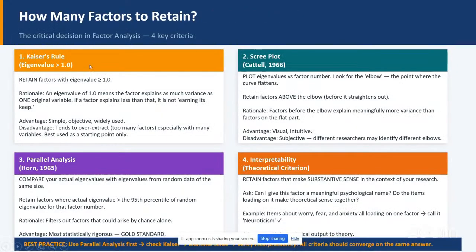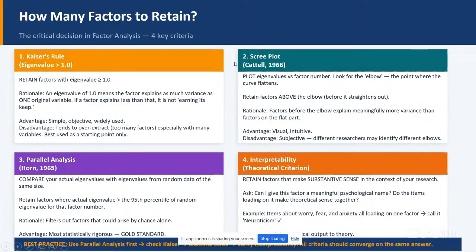So what is the Kaiser rule? If the eigenvalue is greater than 1, what does it mean? An eigenvalue of 1 means the factor explains as much variance as one original variable. If it is greater than 1, then it explains more of the variance. It is simple; we don't need to read all the advantages or disadvantages, I am just going through the key concepts.